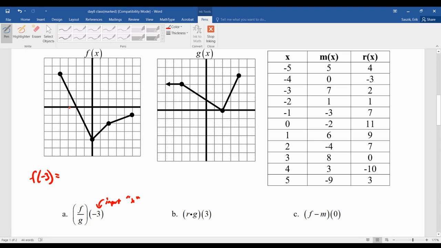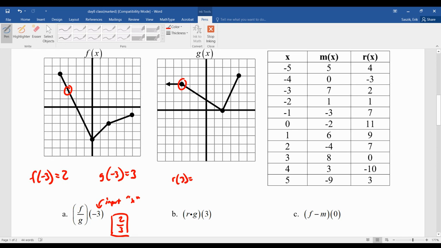Negative, so I went to the left. And now I have to go up, and the y value there, of course, is positive 2. Now I'm going to do g of negative 3. So same thing, 1, 2, 3. I have to go up. The y value is positive 3. I am asked to divide those things, and the f answer is on top, so that's why my answer is 2/3.